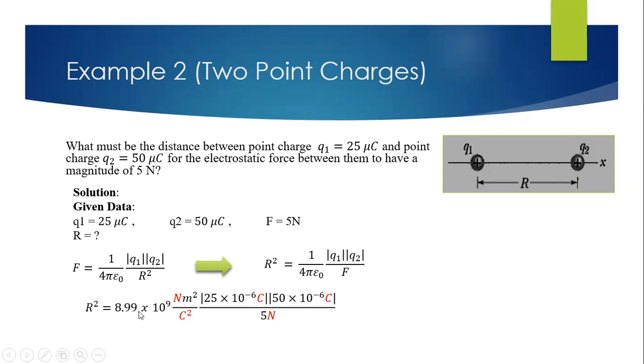For the first step, I have just placed the values of all these quantities: 1 over 4 pi epsilon naught, Q1, this is our Q2, followed by the force 5 Newton. And once we simplify it, we will find r square is equal to 2.22 meter square. And when we take the square root on both sides, we will find the distance r is equal to 1.49 meter.